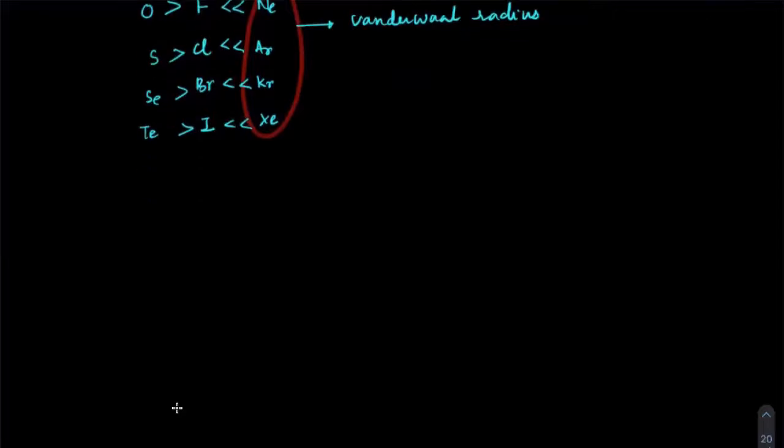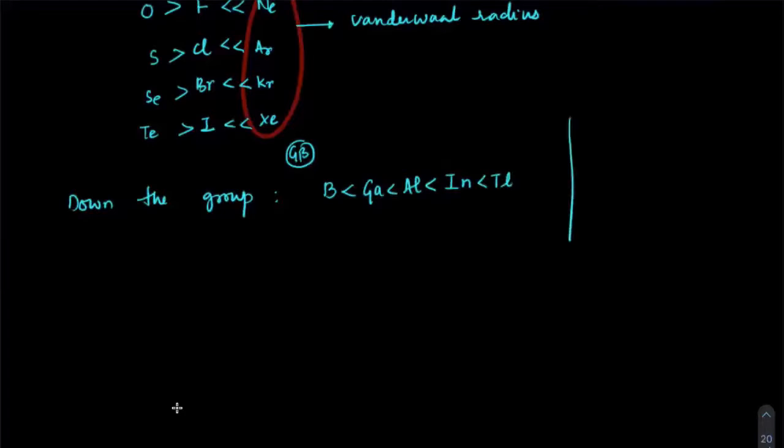If you go down the group, group 13 is the exception. In group 13, boron is less than gallium, which is less than aluminium, which is less than indium, which is less than thallium. Size wise, first boron, then aluminium, gallium, indium, thallium.